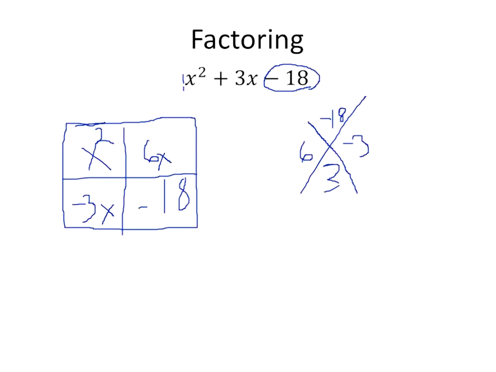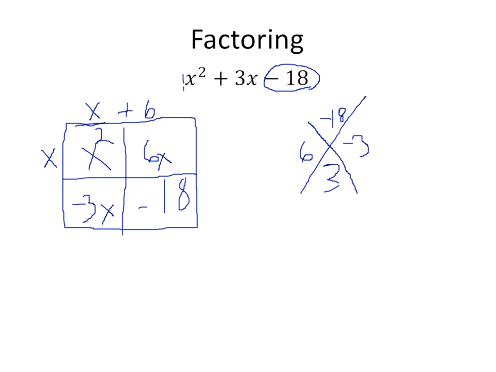So what can I divide into the x squared and the 6x? What do the x squared and the 6x have in common? x, good, so that's what's going to go here. So what would go here? Plus, okay, plus what?